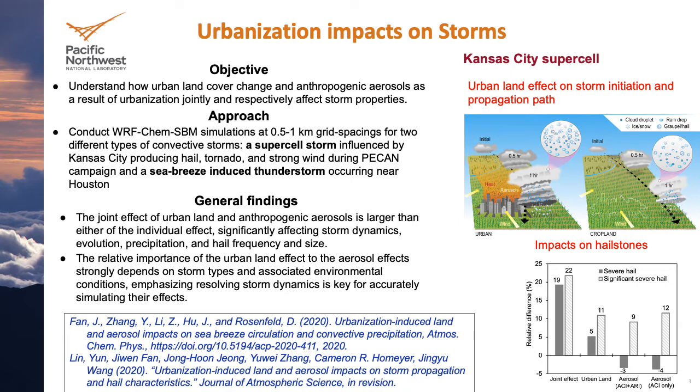The common finding from the two studies is that the joint effect of the urban land and the anthropogenic aerosols is larger than either of the individual effects. Basically, without considering both, we cannot simulate the observed convective intensity, precipitation, and the hail and the other features.